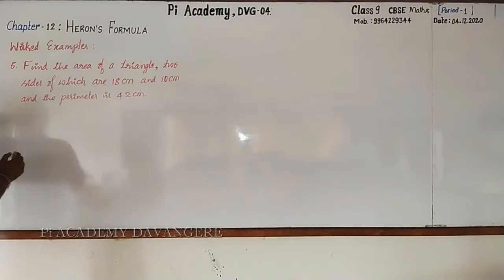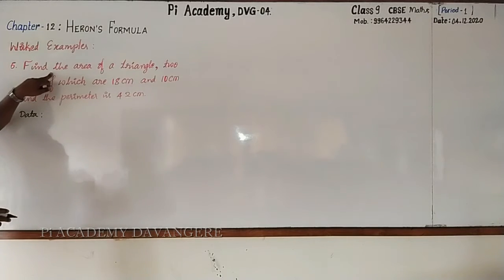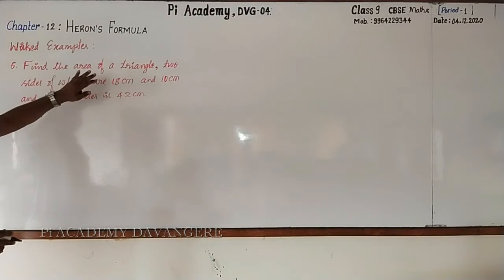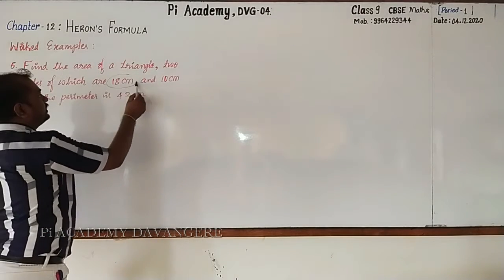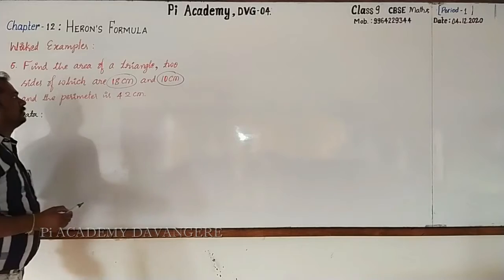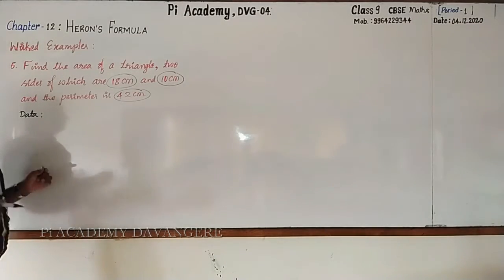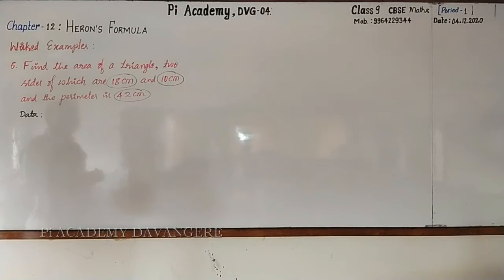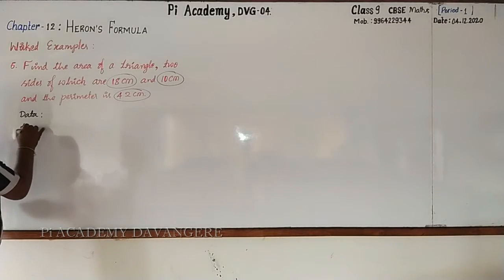Okay, observe. Here, first let me write the data. Please go through the given statement once. Find the area of a triangle, two sides of which are 18 centimeter and 10 centimeter. And the perimeter is 42 centimeter. Here, they have not given the figure, you may draw, or else you can directly go for assuming the sides.